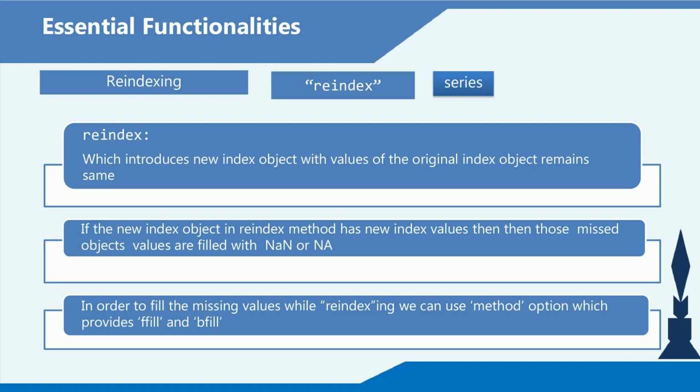For ordered data like time series, it may be desirable to do some interpolation or filling of values when reindexing. The method option allows us to do this using a method such as forward fill, which forward fills the values, while backward fill fills backward.